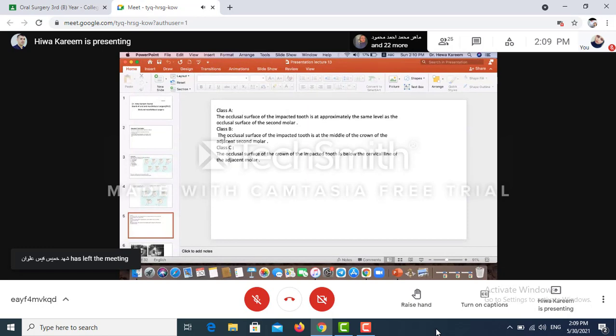Class B: the occlusal surface of the impacted tooth is at the middle of the crown of the adjacent second molar. Class C: the occlusal surface of the impacted tooth is below the cervical line of the adjacent second molar.